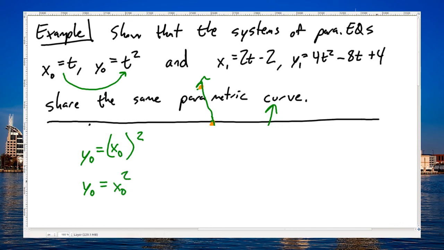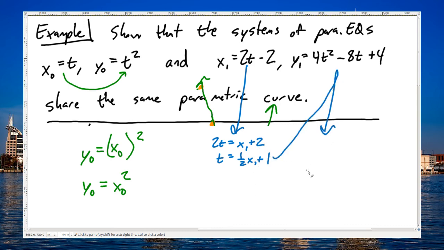Okay, what about the other one? That one's a little bit trickier, but what I can do here is solve for t. So 2t would equal x1 plus 2. T is equal to 1/2 x1 plus 1.